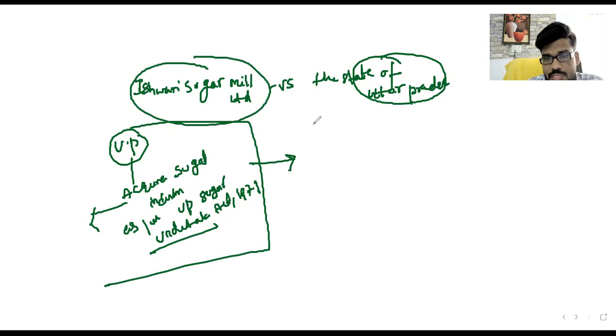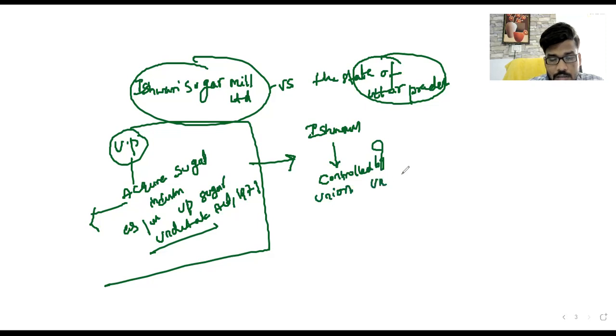This Ishwari Sugars Limited contended that sugar mills are controlled by the Union under the Industries Development Act 1951.